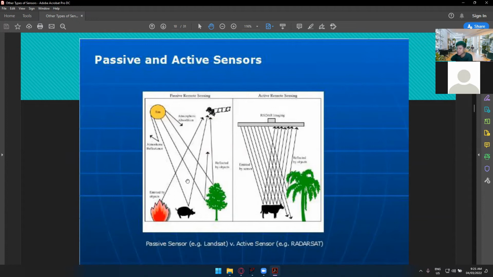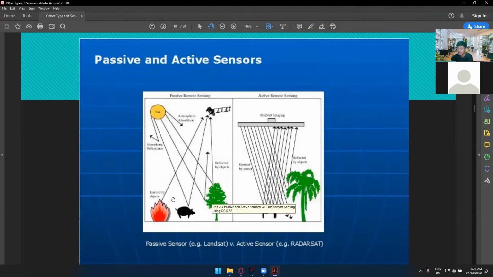Light is emitted and then reflected, let's say, to our satellite, and what the satellite is detecting is the light that is coming from the sun. That is passive, because it is dependent on the light of the sun.